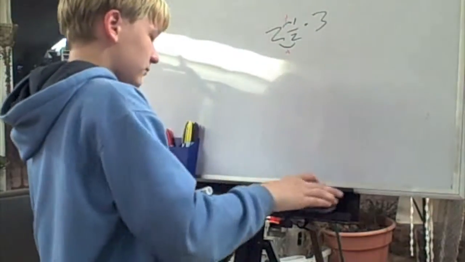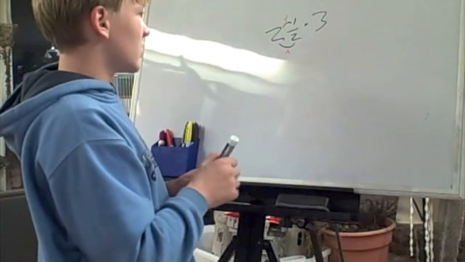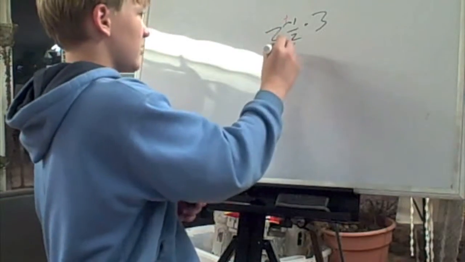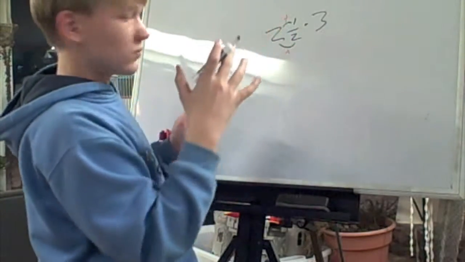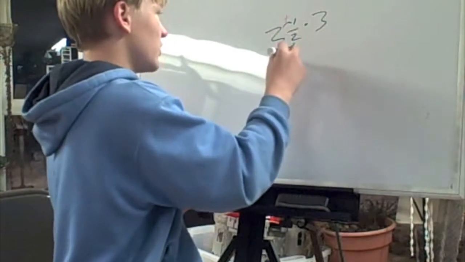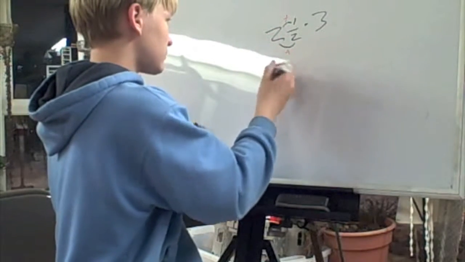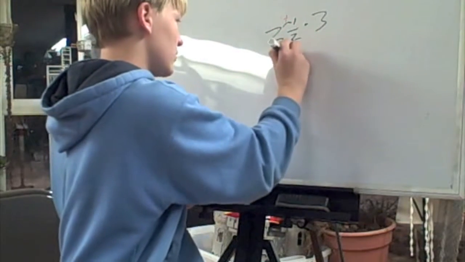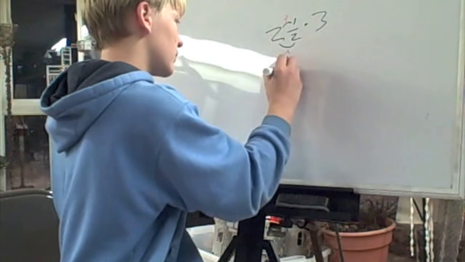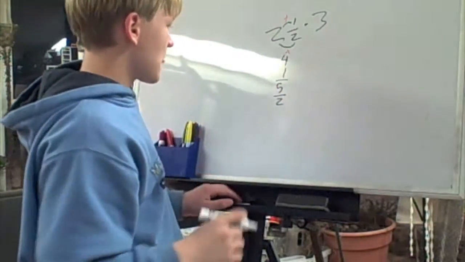Anyway, so now we're back up here, and so let's make these into improper fractions. What you do for that is you would say, okay, 2 times 2 is 4 plus 1 equals 5, so you'd have 5 halves.